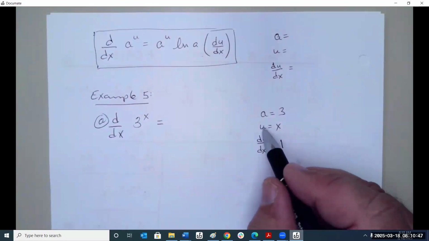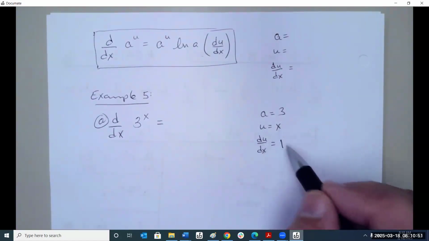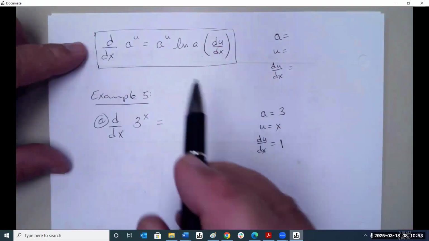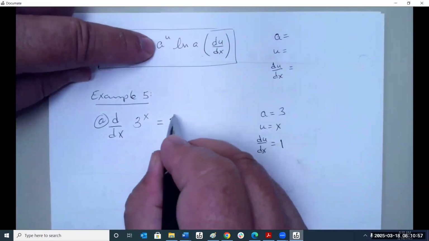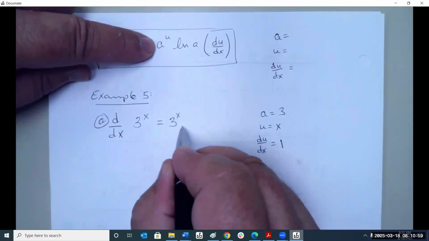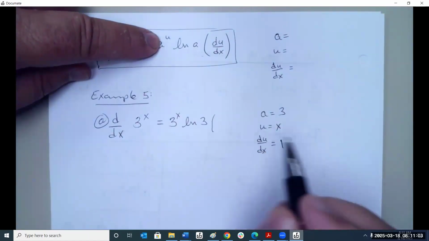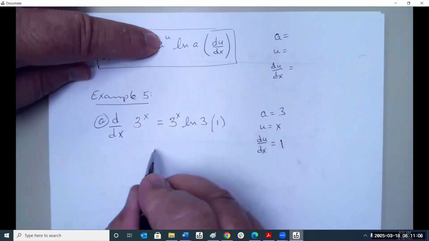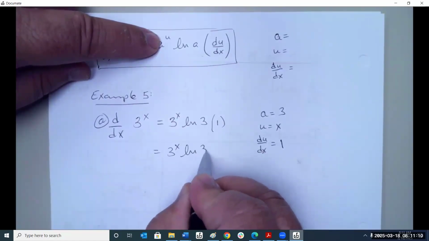Because here's U. Take the derivative of U with respect to X. The derivative of X is 1. So now all we do is just plug them in there. So we have A, which is 3 to the power X, ln 3, du dx is 1. So our answer is 3 to the x ln 3.